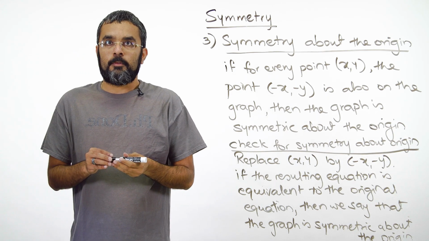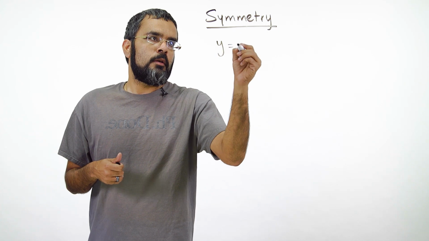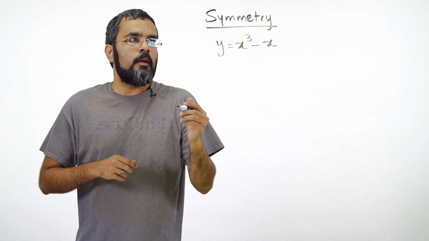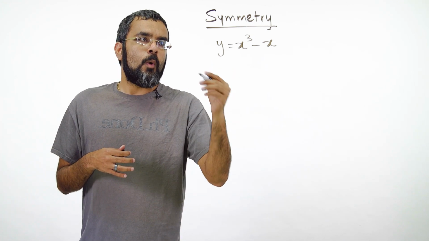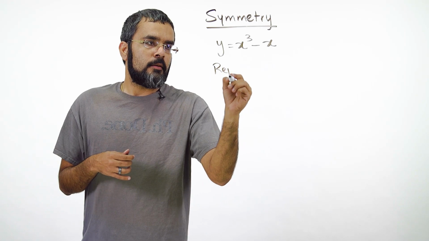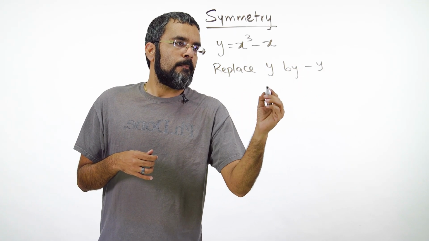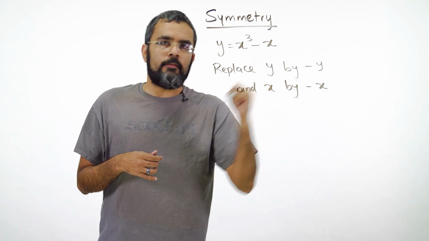So let's take an example. Okay, consider the function y equals x cubed minus x. What I'm going to do now is replace y by -y and x by -x.